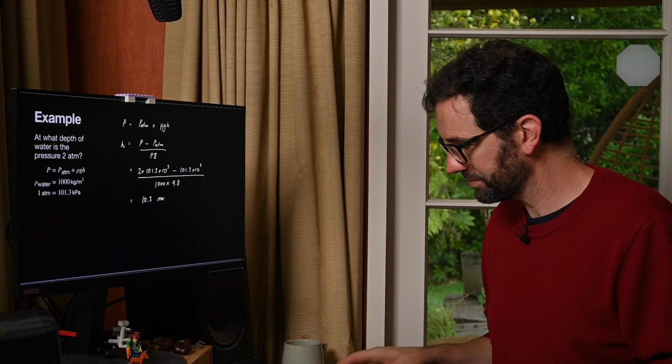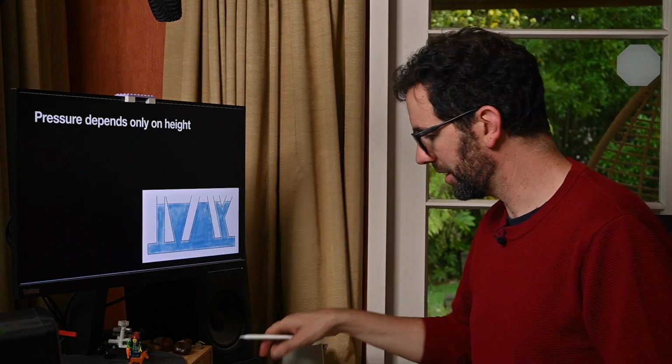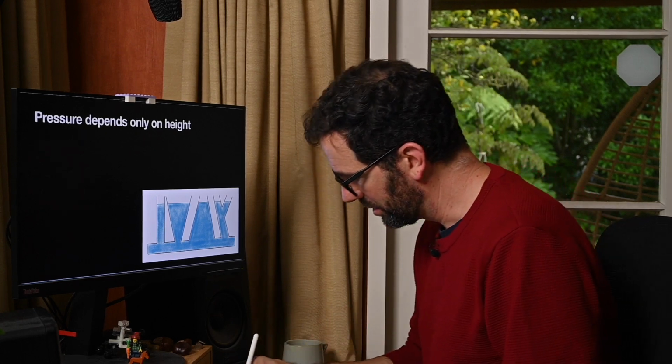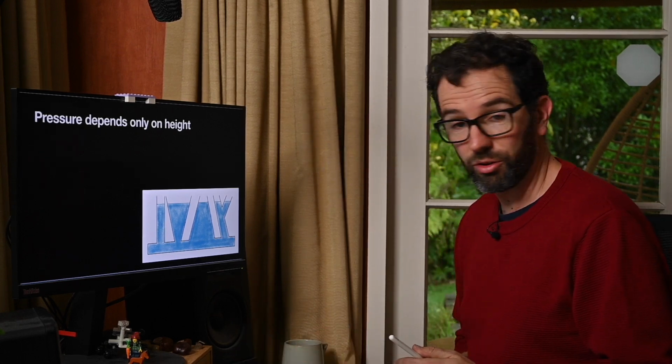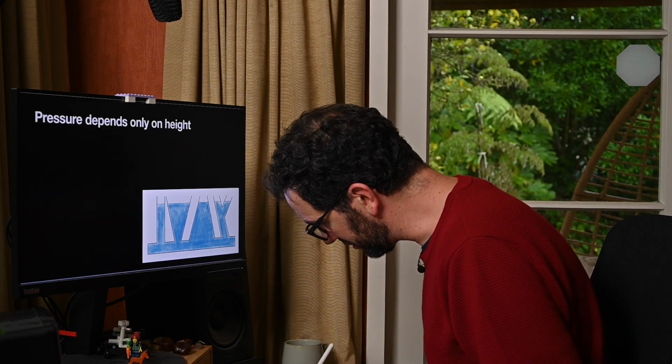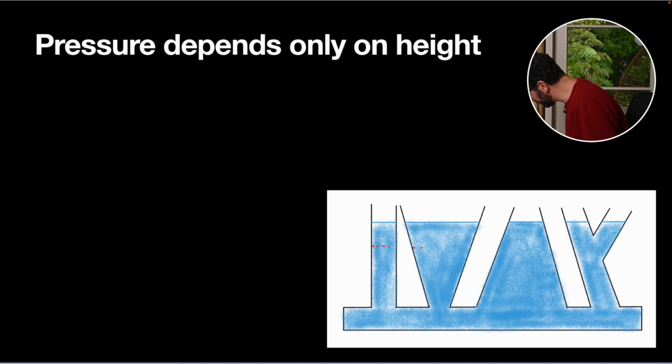Okay, the last point that I want to make about pressure and the hydrostatic equation is that pressure only depends on the height or the depth. So the shape of the fluid does not make any difference. For example, in this picture here, any point along this dotted line I'm drawing will have the fluid at the same pressure, no matter if there's a cone shape of fluid above it or whatever kind of geometry.